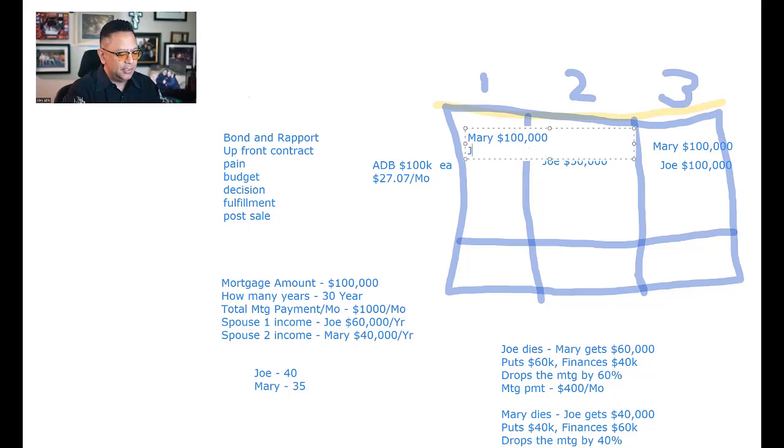And then I'd maybe do Joe with an accidental death benefit of, I don't know, 50,000. I would keep Mary at that full amount at 100,000. So this is Mary makes the income, Joe does not. So I'll show Joe and Mary at 100,000 each. Then I'll show Mary at 100,000, Joe at 50, and then Mary at 100, and Joe at 50,000 accidental death, right?